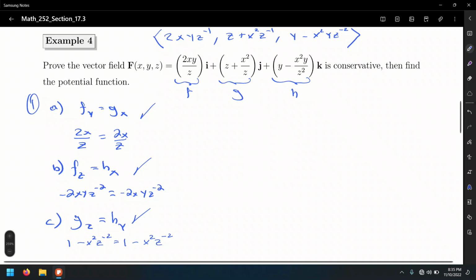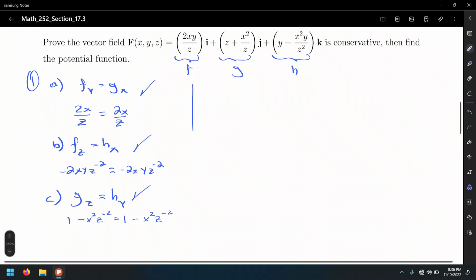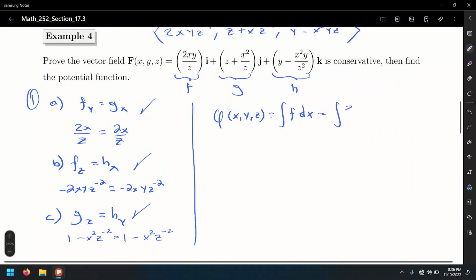That means that there exists a potential function, some phi of x, y, and z, that if you take the gradient nabla of phi, that's going to give us that vector valued function in multiple variables. All right, so let's go ahead and do the partial integrations. So phi of x, y, z. In the first case, integrate f with respect to x. That's the integral of 2xy over z dx.